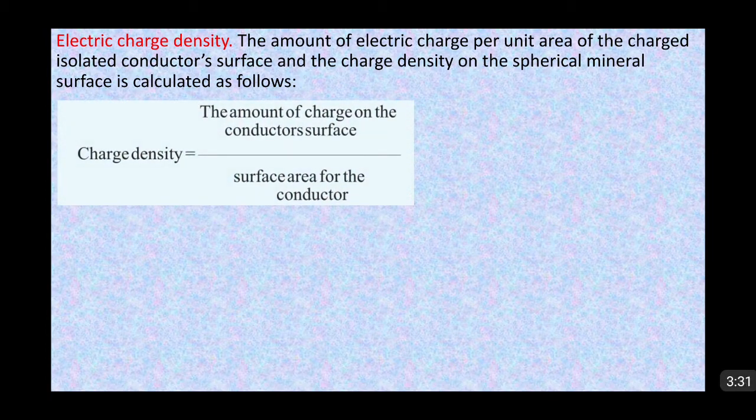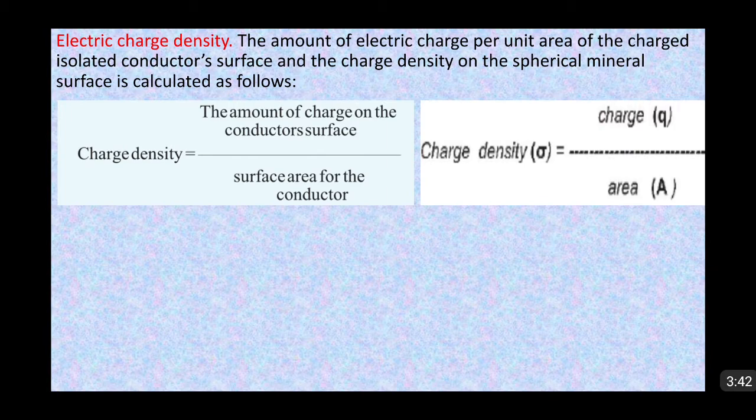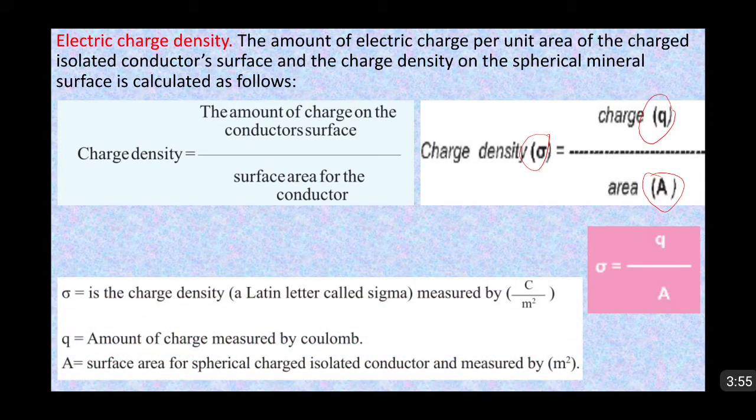Charge density equals the amount of charge on the conductor's surface over the surface area, or we can show it with symbols.